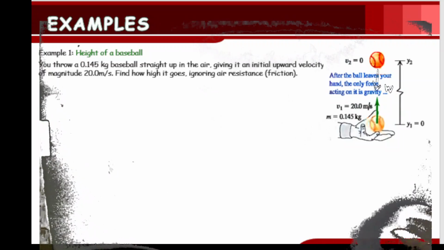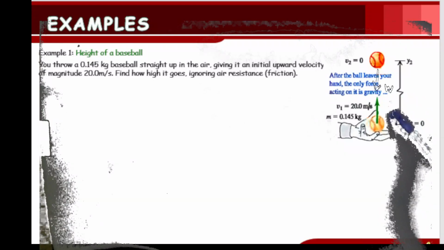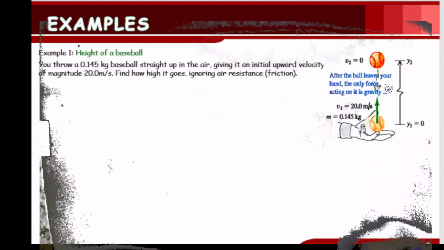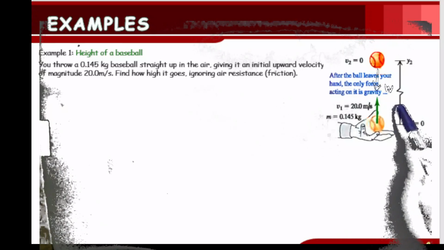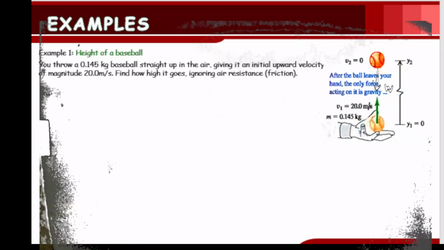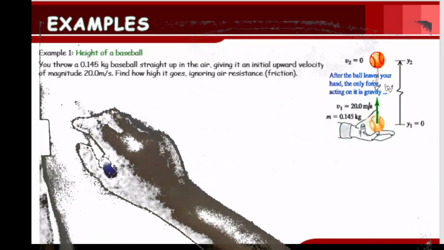If only gravity does work, then mechanical energy is conserved. So, ang weight raman ang nagbuhat og work, from the first point to the second point. In that case, mechanical energy is conserved and we can use katong first equation.